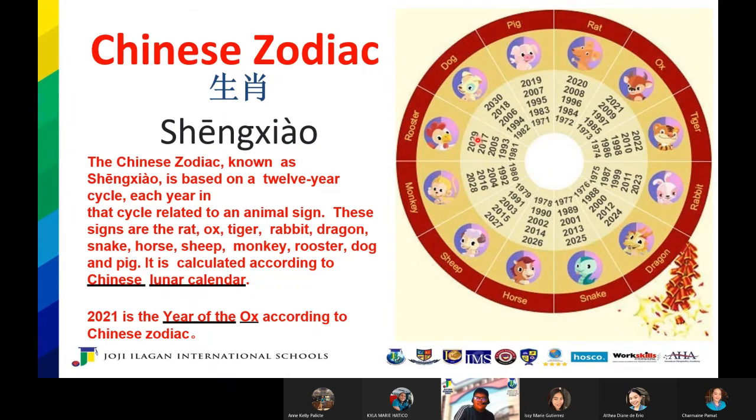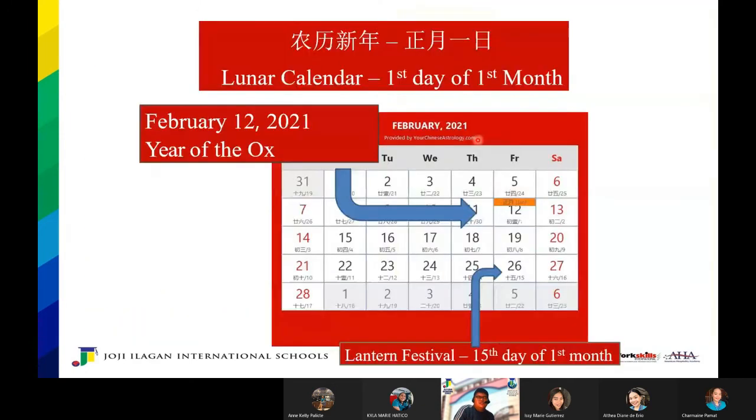Let us learn some of these facts. Again, the Chinese New Year falls in the first day of the first month in the Chinese traditional lunar calendar. If you connect this to the Gregorian calendar which we use, this year in 2021 it falls on February 12, 2021.